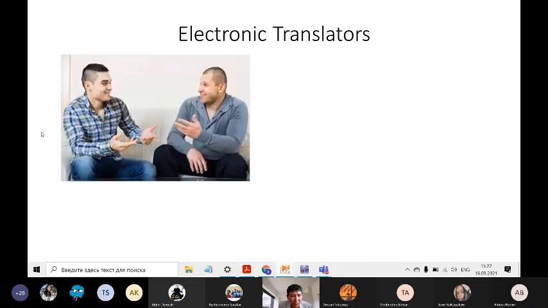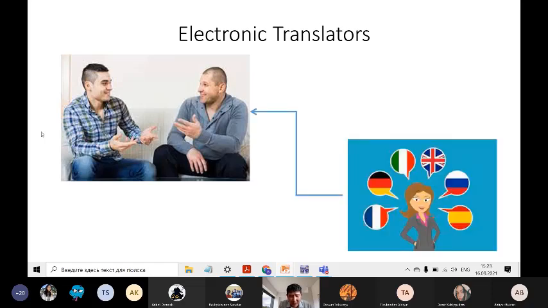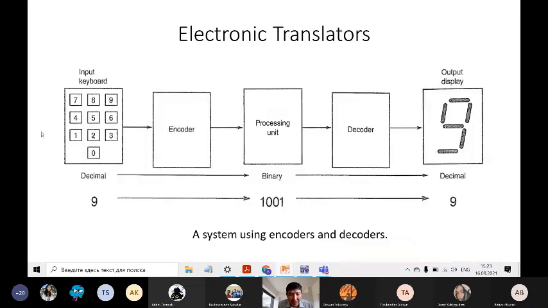For example, when two people speak, maybe one Spanish and one English, but they're monolingual, they could not understand each other. For this reason, we need a translator who will perform this function. And in electronics, we have digital circuits that do it.